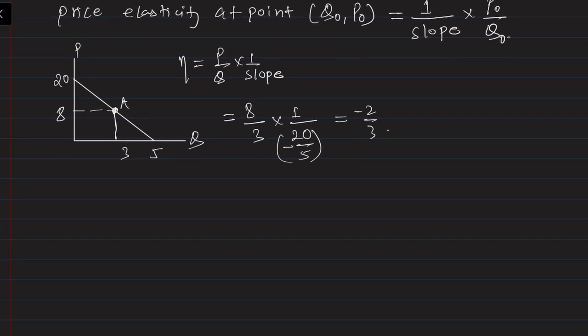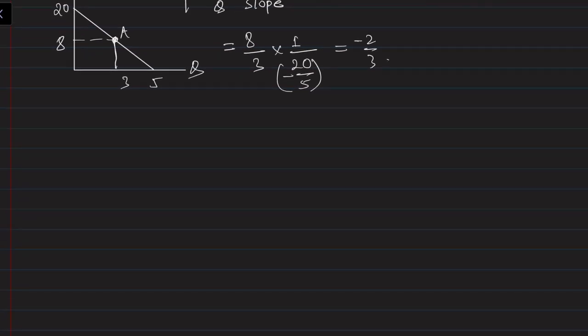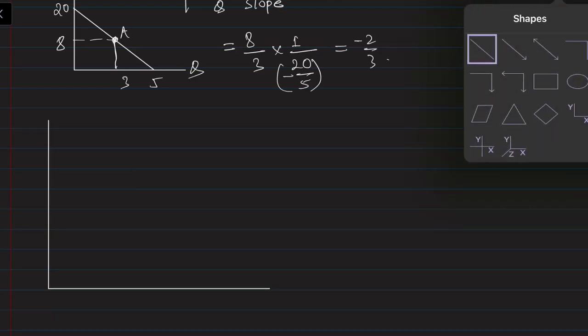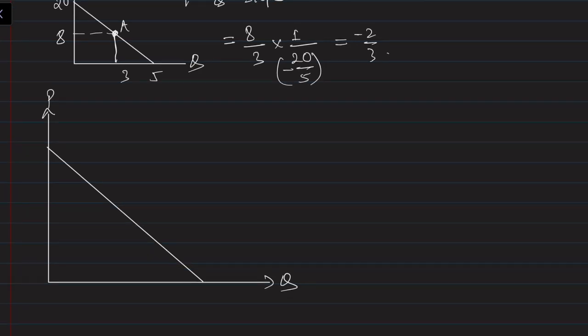Now let's do one more example. Okay. So again, this is the vertical axis for price. Here, quantity. Let's take this point. Price is, let's say, 4.